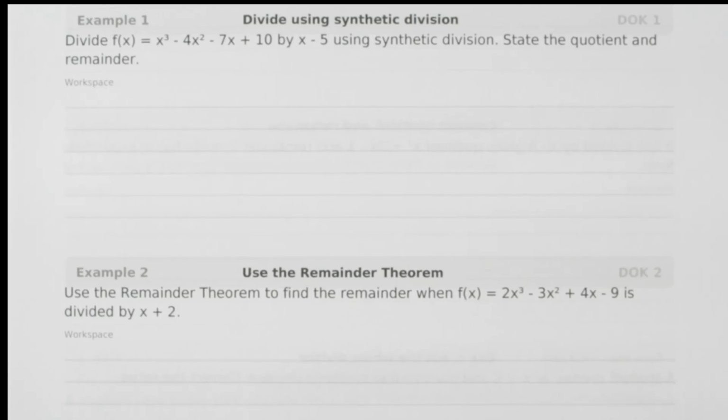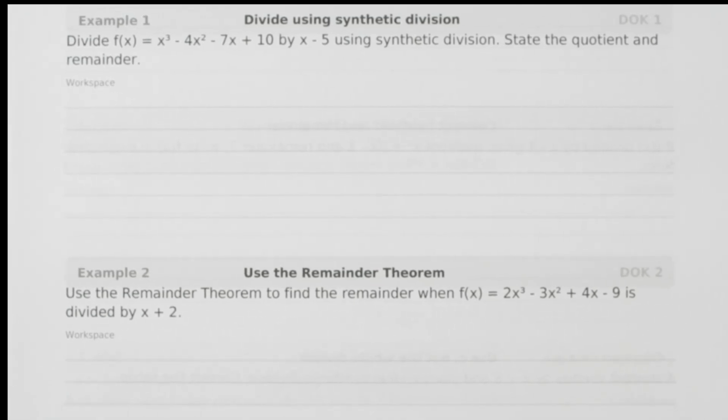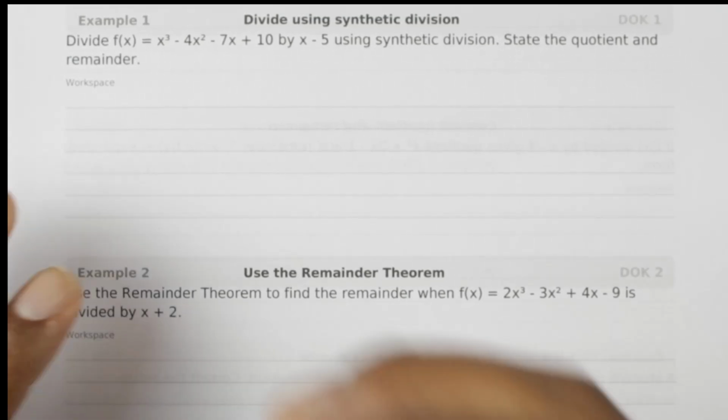Let's demonstrate that. The first example is f of x equals x cubed minus 4x squared minus 7x plus 10. Divide by x minus 5 using synthetic division, and state the quotient and remainder. The divisor is x minus 5, so c is equal to 5.